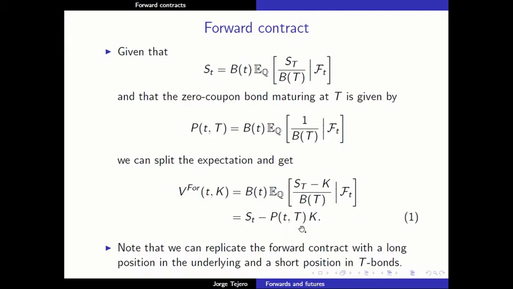We will take as many zero coupon bonds as the delivery price of the forward contract.